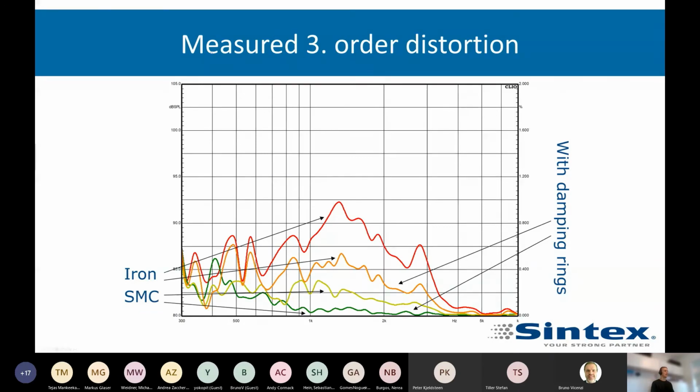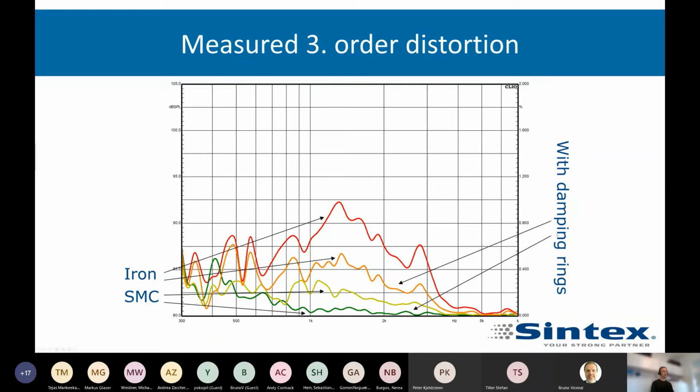To show you a little bit about the performance, they have measured the third order distortion. This is a sound measurement from Dali. You can see iron has a distortion that is higher than SMC materials, and you can get even lower distortion by putting in some damping rings.